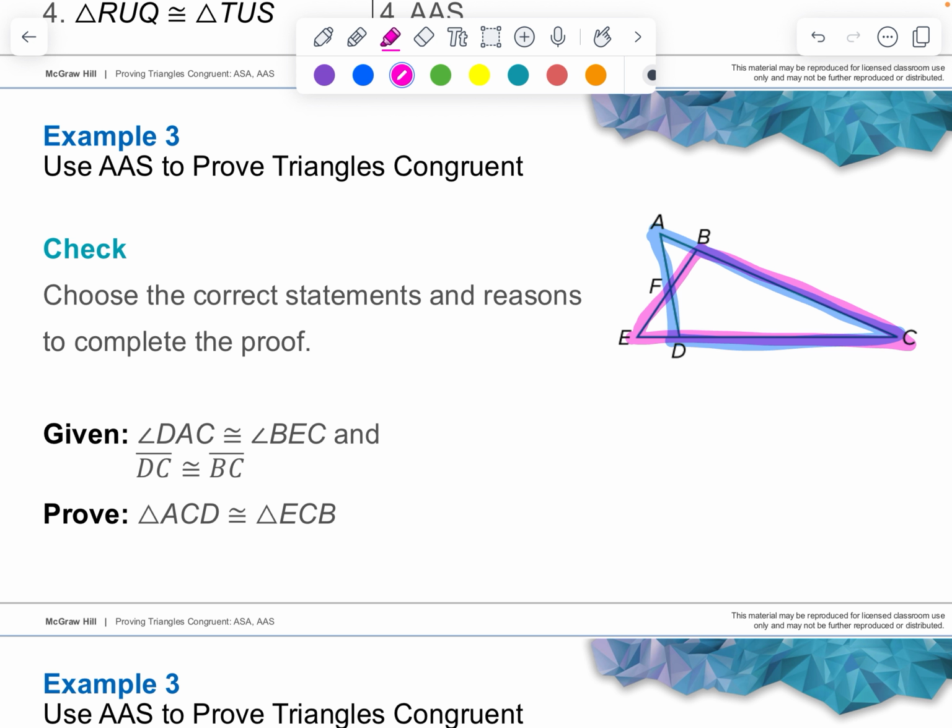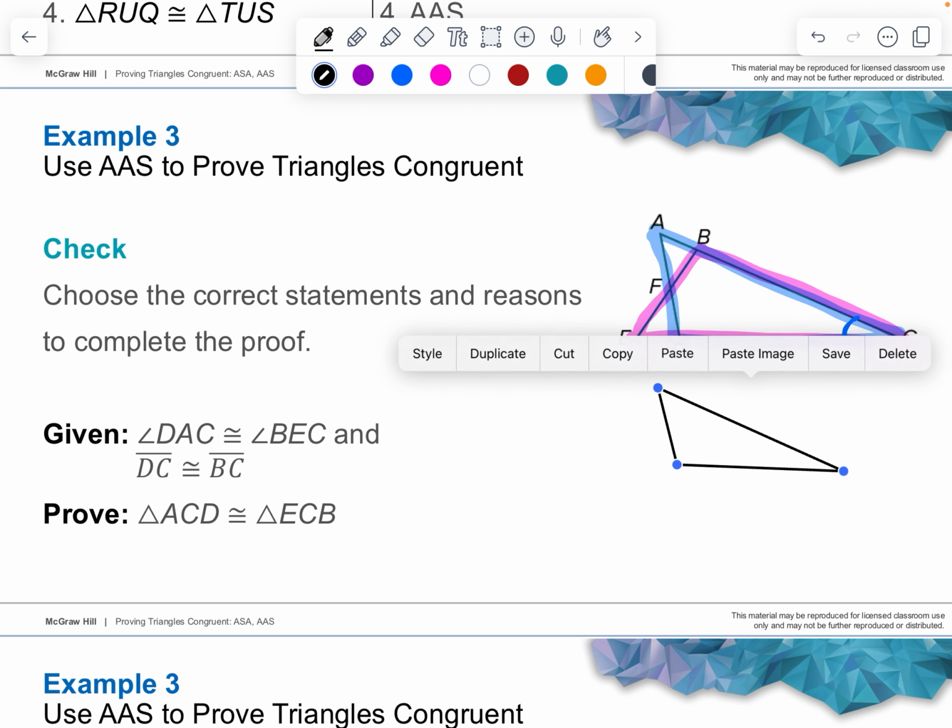And what I want you to see, and why I like highlighting it like this, is because you see that this angle is the same angle. In fact, I really recommend when you see overlapping triangles like this that you draw them out individually. Oh, goodness, that was terrible. That's terrible too, but hey, it came out better than the last one.